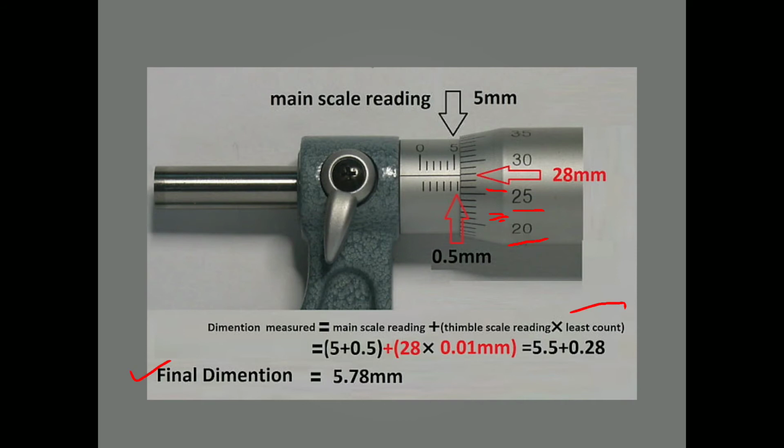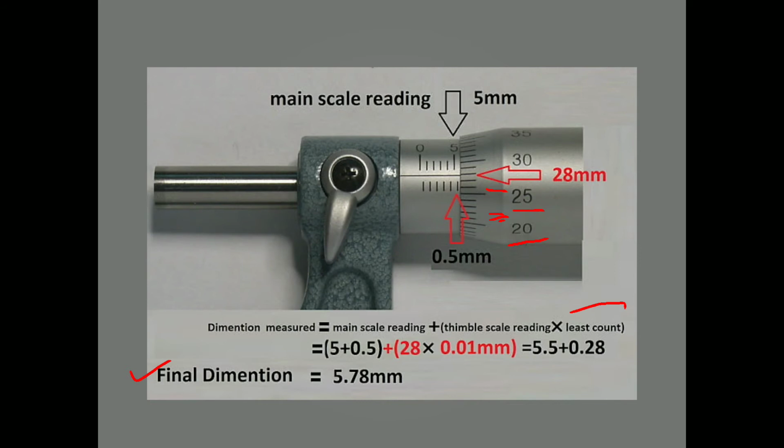So micrometer screw gauges are more accurate than the vernier caliper. So for accuracy or precision you are always going to choose the micrometer screw gauge over your vernier caliper.